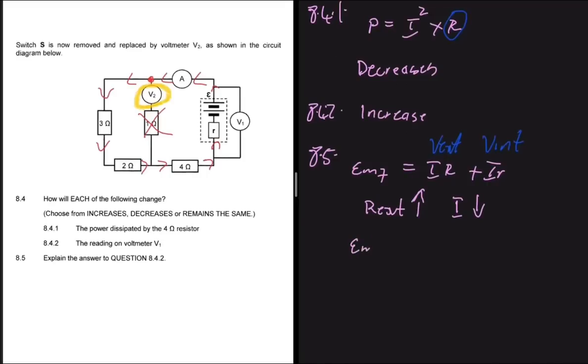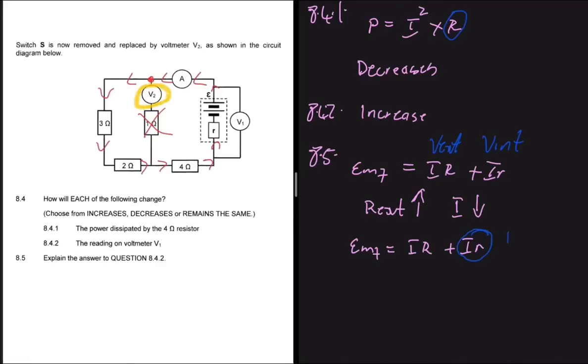But what will be the consequence of the current decreasing, right? So we're going to have EMF being equals to I multiplied by R plus I multiplied by the small r, right? When the current decreases, V internal is going to also decrease, right? Because small r doesn't go up or go down, right? It's the consequence of the material used on the battery.